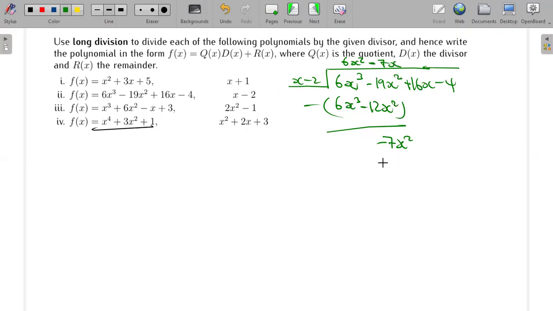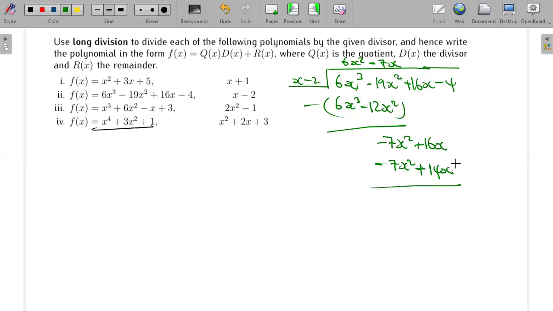That's going to give you negative 7x squared. Here you're dropping these here, which is the positive 16x, like that. Well, that constant, we'll consider it later, of course. Then you subtract, you multiply there, you're going to get a positive 14x.